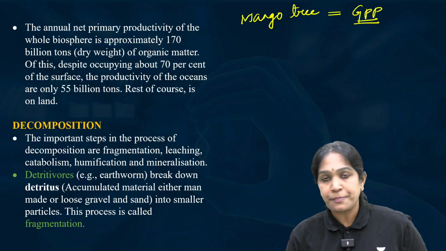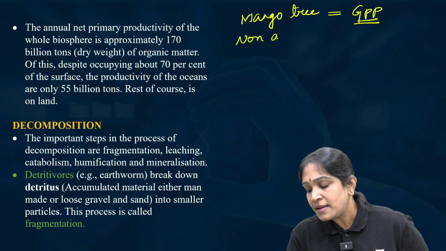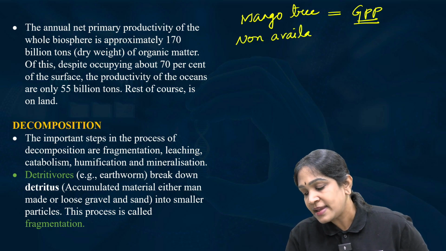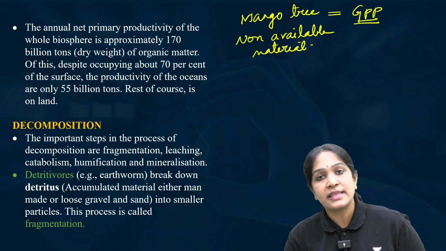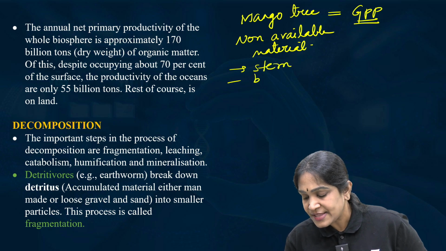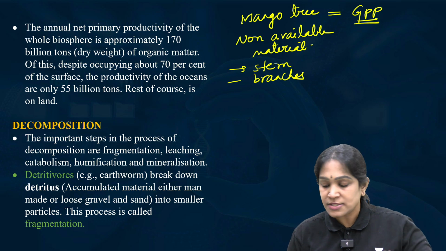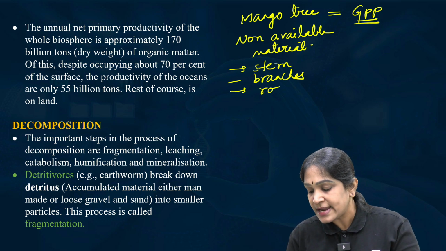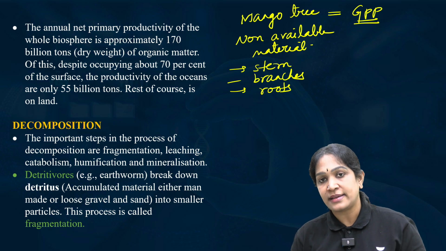The gross primary production minus the non-available material. What is the non-available material in the mango tree? This is the stem, branches. We are not consuming the mango stem, we are not consuming the branches, we are not eating its roots. So, this is all the non-available material.